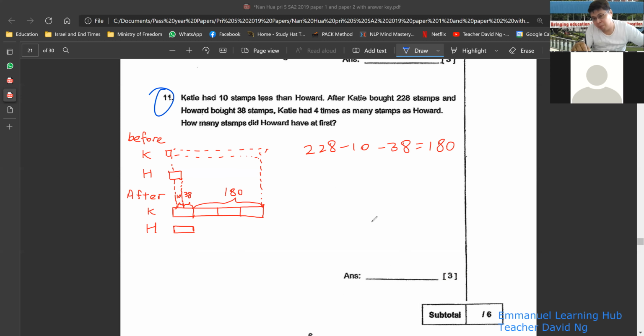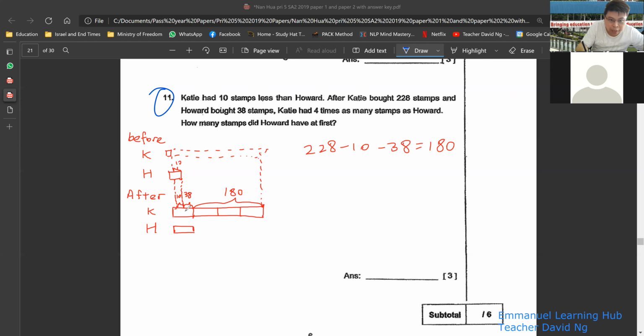Of course, it depends on the time you have. If you have ample time, you check your model. Checking your model means you follow the story: Katie has 10 stamps less than Howard.